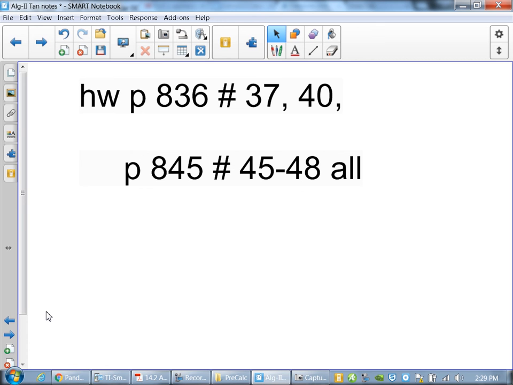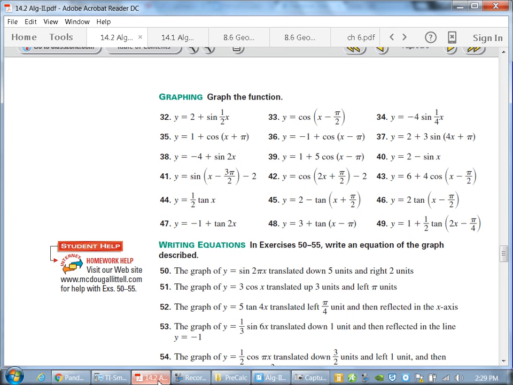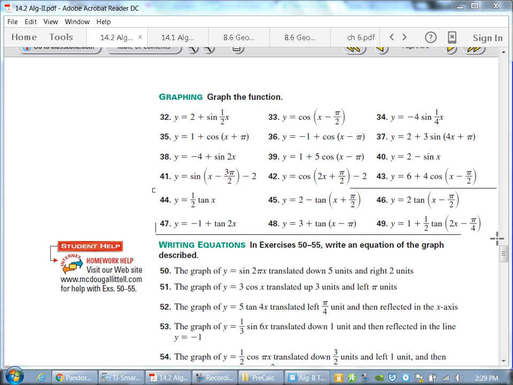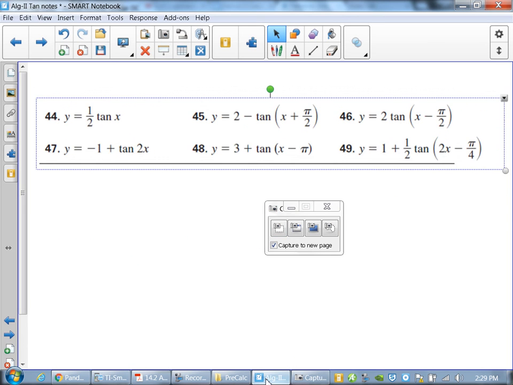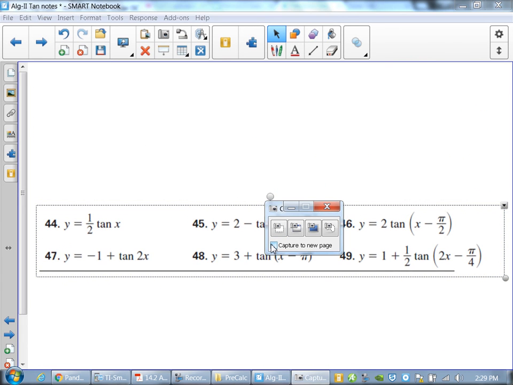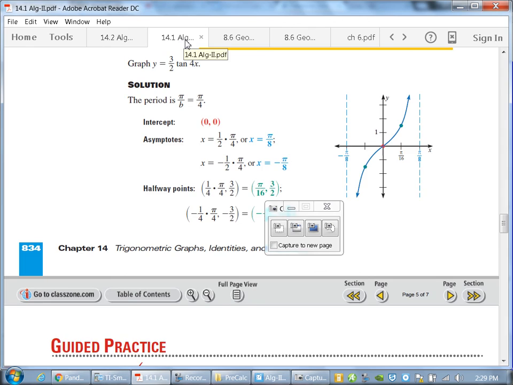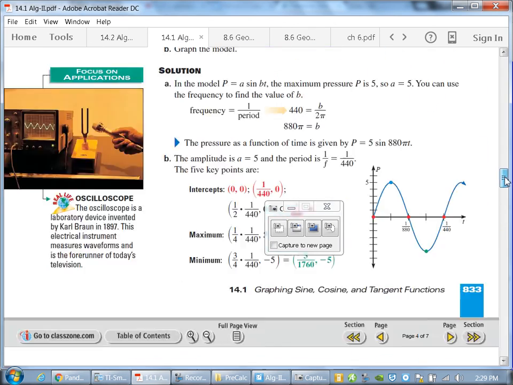I've got a couple things put together. I'll give it to you guys tomorrow. Which ones was it? It was 36, 37, 40, 45, 30. So here's one of them, except for 44. And then what's the other? 37 and 40.